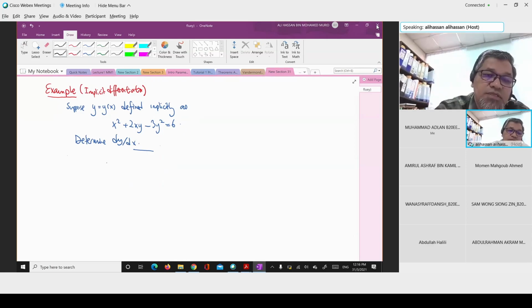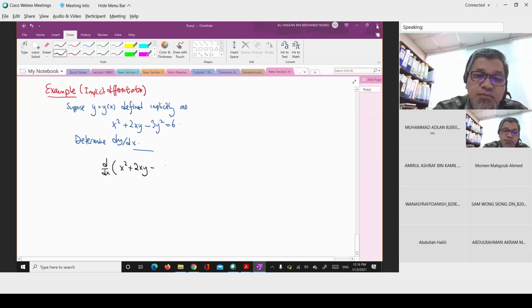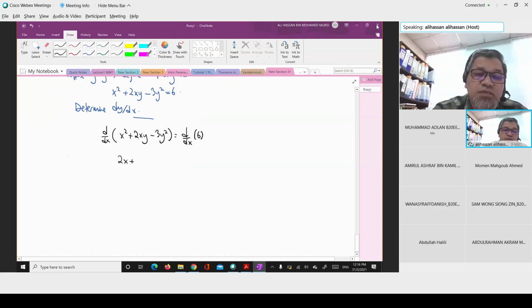We differentiate both sides with respect to x. So we get 2x, we have 2xy, so here we use the product rule. We differentiate 2x, we will get 2 times y, and then 2x times dy dx, and minus 6y times dy dx, and on the right hand side is 0, right?